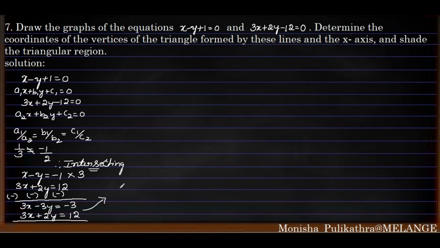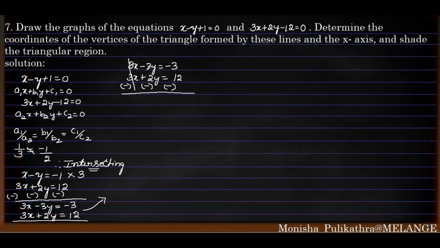I will write it here once again: 3x minus 3y is equal to minus 3 and 3x plus 2y is equal to 12. Next, change the sign of the second equation. Unlike signs, always subtract each other, so the 3x terms cancel each other.